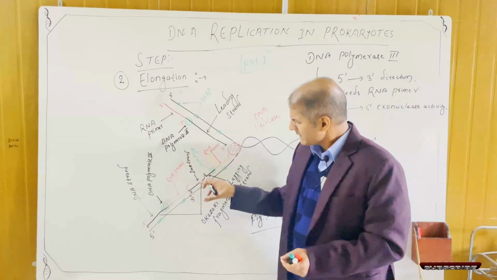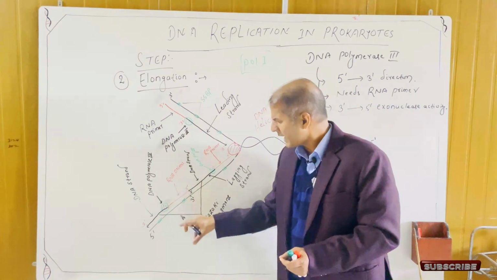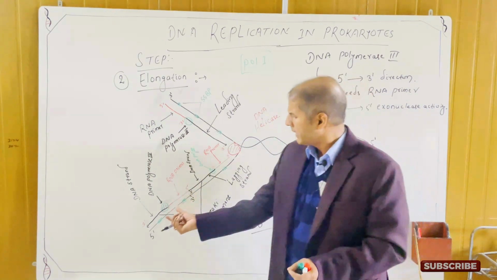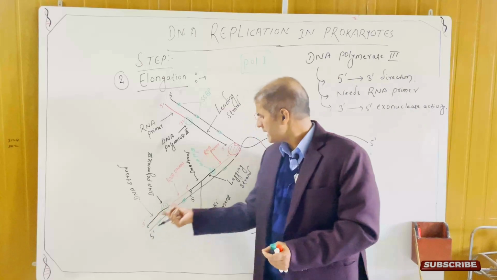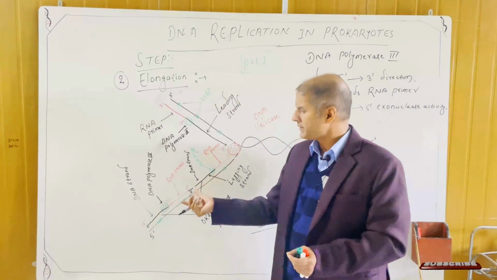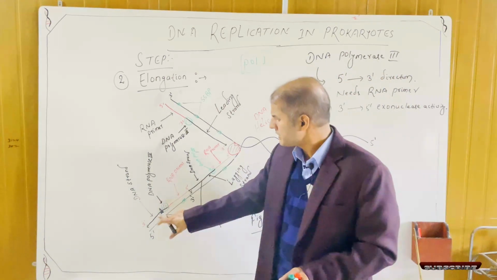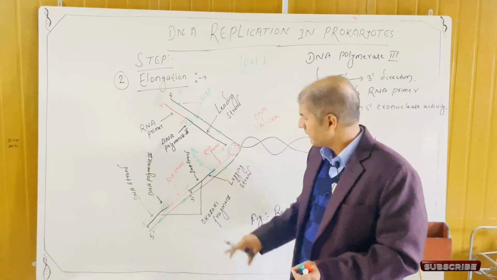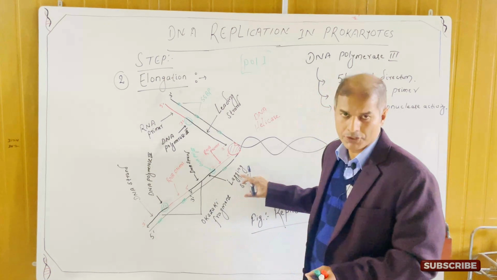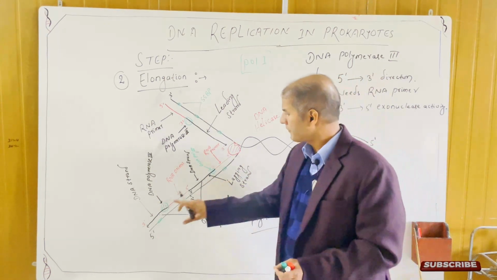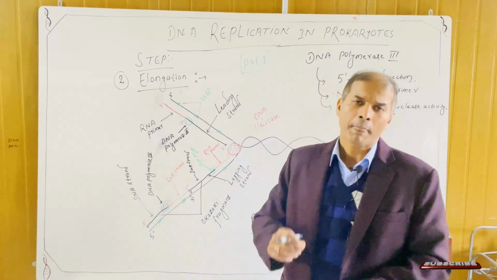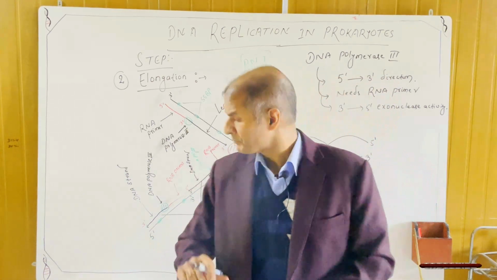So in this lower strand, we can see that new DNA strands are formed in small pieces, and the formation is also discontinuous. The new DNA strand which is formed in a discontinuous way is called lagging strand, and these small fragments of DNA are called Okazaki fragments.